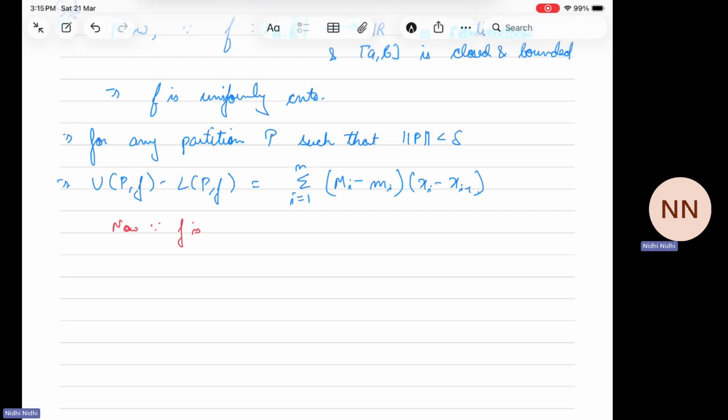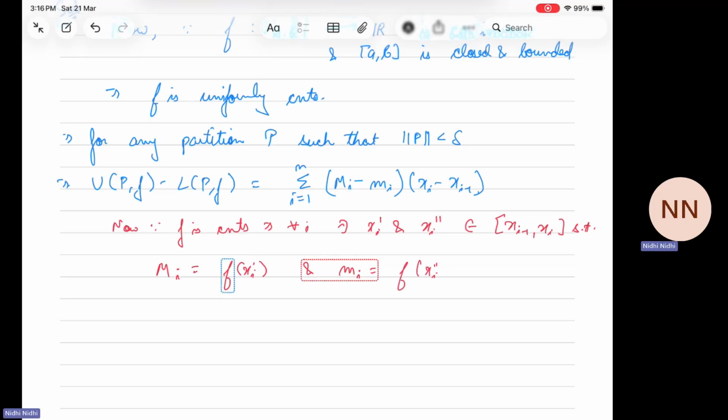Since f is continuous, this implies for every i, there exist xi prime and xi double prime belonging to the interval xi minus 1 to xi, such that, we all know that a continuous function always attains its maximum and minimum. That's why instead of supremum and infimum, for the case of continuous functions, we call them maximum and minimum, such that capital Mi is equal to f(xi prime) and small mi is equal to f(xi double prime).